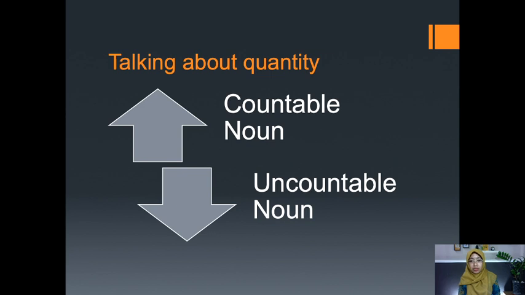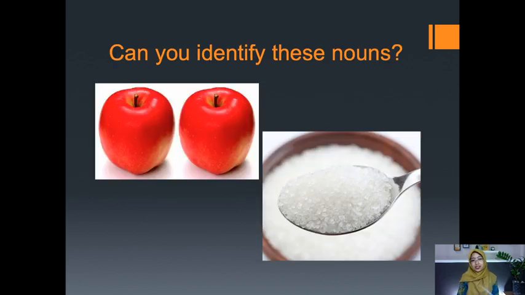But before we talk about it, I'd like you to see this. You will see how many apples there are. Can you count it? How many apples are there? 1 apple or 2 apples? And the sugar.